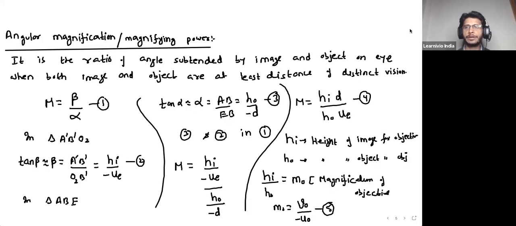And one more thing. What is this term, D by UE? See, D is the image distance for the eyepiece. This D by UE is the magnification for the eyepiece. The same expression, which we did in the simple microscope, you can express as 1 plus D by FE.